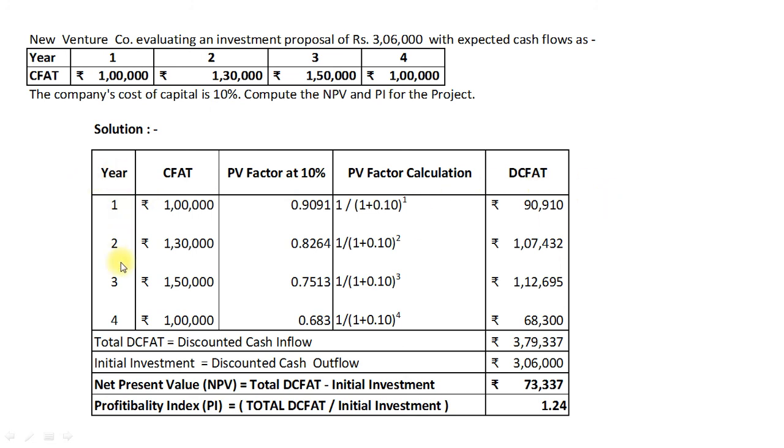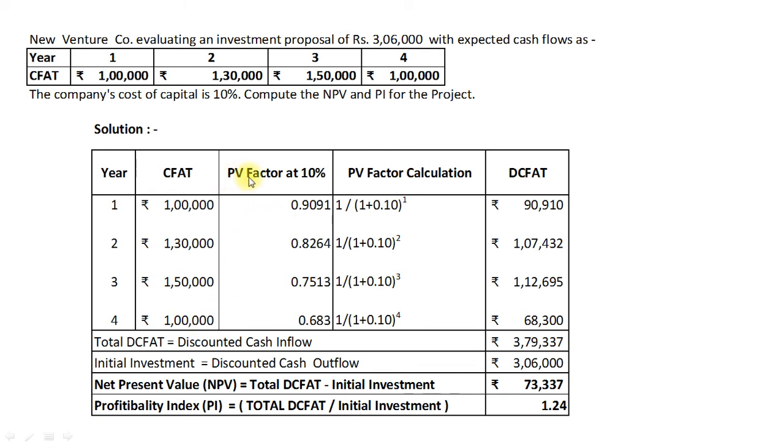First column year: first year, second year, third year and fourth year. Cash flow after tax is already given in the question: rupees 1 lakh at the end of first year, rupees 1,30,000 at the end of second year, rupees 1,50,000 at the end of third year, and rupees 1 lakh at the end of fourth year, last year of the project.